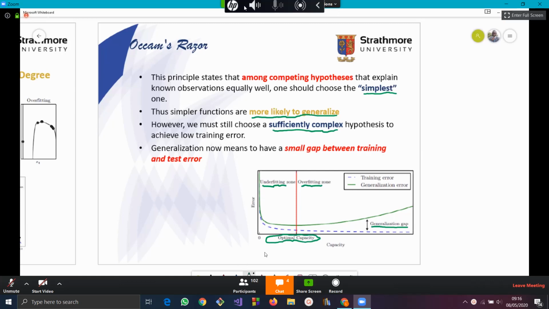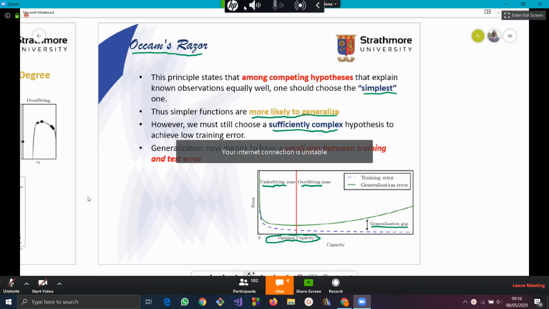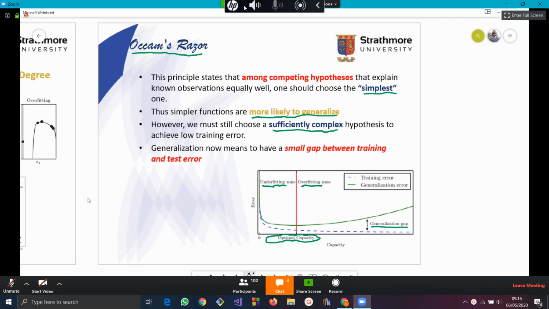There are various ways to reach this optimal capacity, and it is what is encouraged by Occam's razor, to strike a balance between underfitting and overfitting, and settle in the middle.